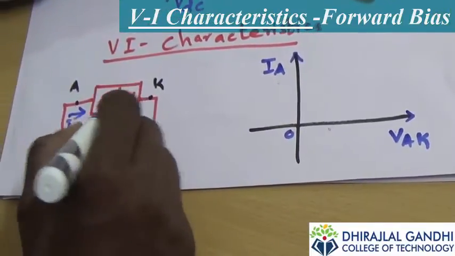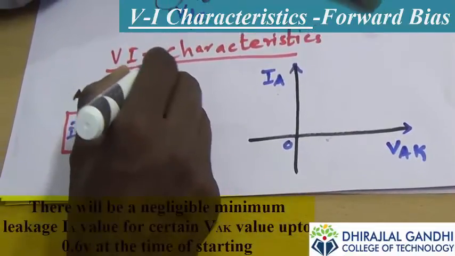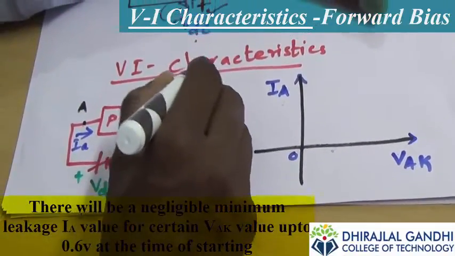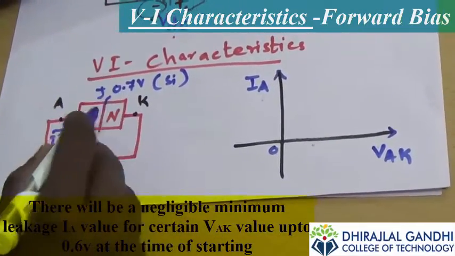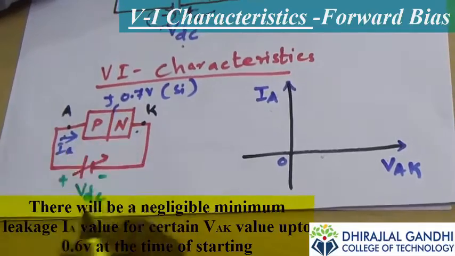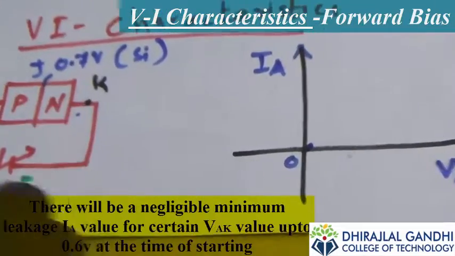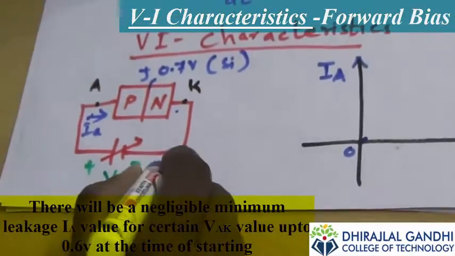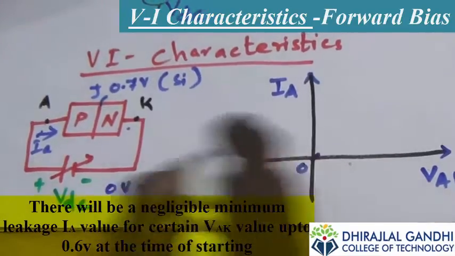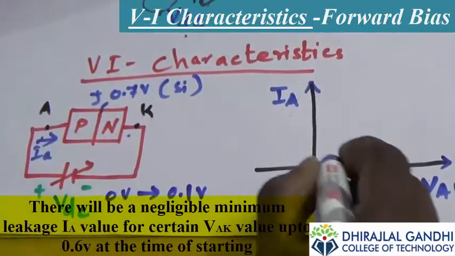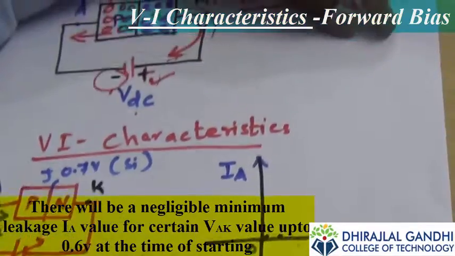the minimum operating voltage of the diode is 0.7 volts in the case of silicon. Therefore, the junction does not allow current from anode to cathode, so it maintains 0. Now you increase from 0 volts to 0.1 volts. Now observe the current. Still there is no current in the anode.